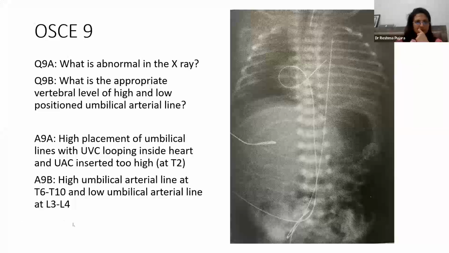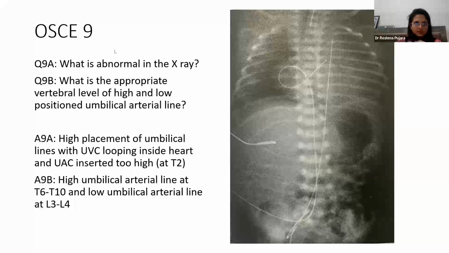So basically, you need to understand the anatomy, at what level the aorta branches and gives rise to various arteries, and based on that, these are the correct levels identified. I mean, the celiac vessel, and the main worry is your mesenteric circulation. You don't want your mesenteric circulation to be compromised, and that is why we prefer it to be either T6 to T9 or low lying between L3 to L4. Okay, fine. We'll move on to the next.